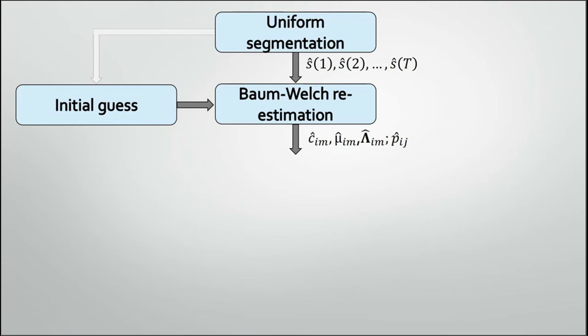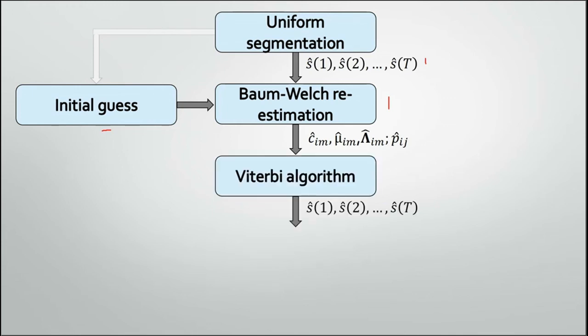So once the sequence of states is known, and we do an initial guess of the Gaussian mixture model parameters separately for each state, we begin the Baum-Welch re-estimation: Cim, Mu im, lambda im, and Pij. Then we apply the Viterbi algorithm to re-estimate the actual transitions. How long does the HMM stay in each state, S1 and S2 until ST?